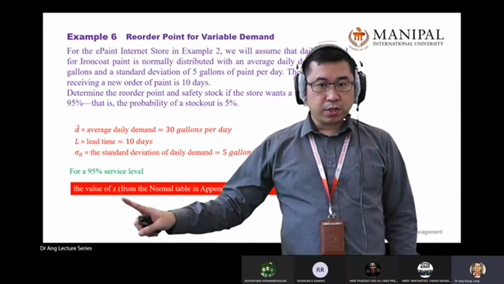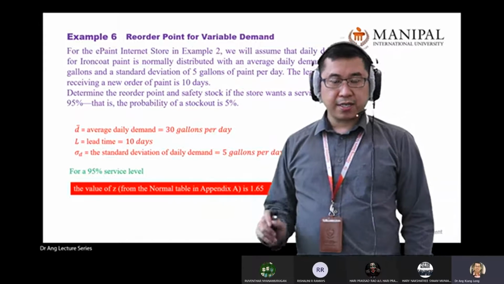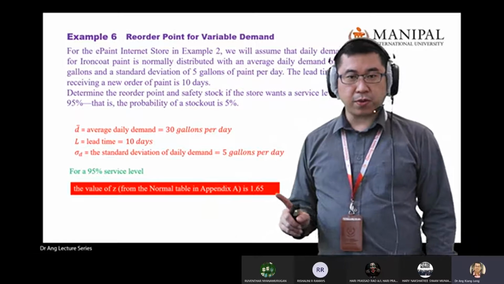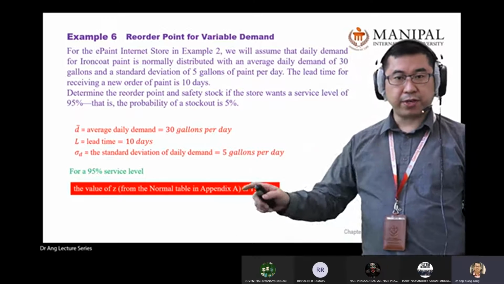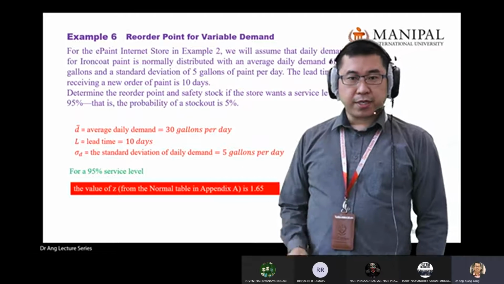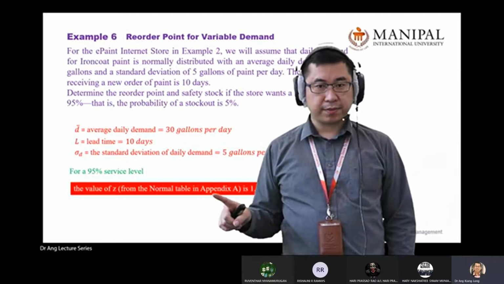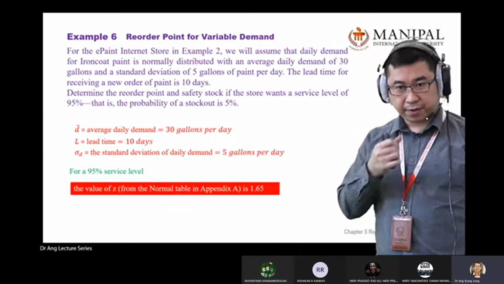So you need to use Appendix A in your chapter 3 or chapter 4, or you can even find it in the Teams folder. The Z value is 1.65.